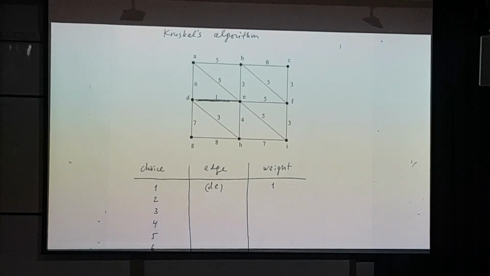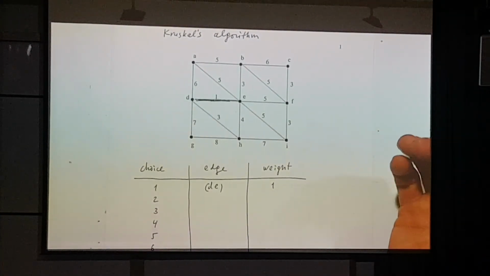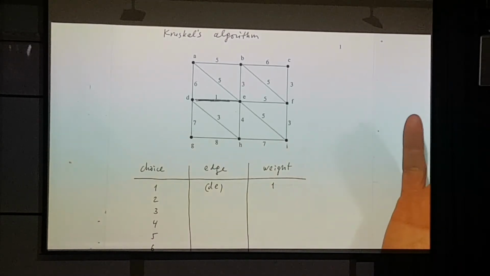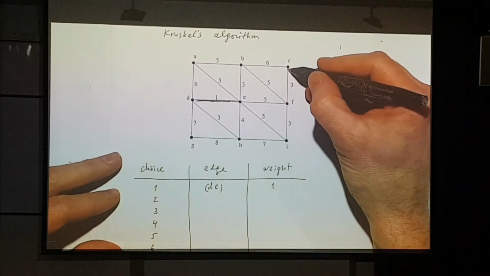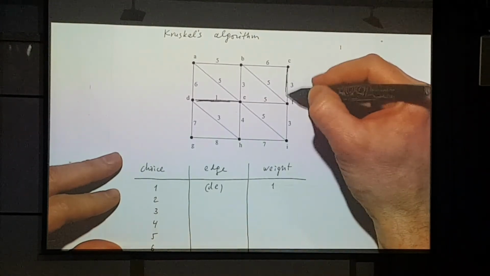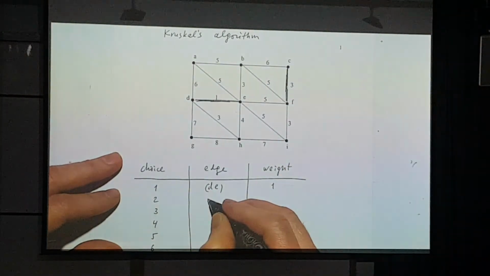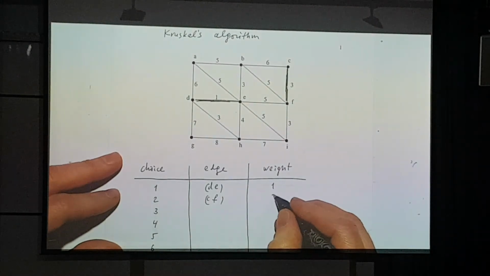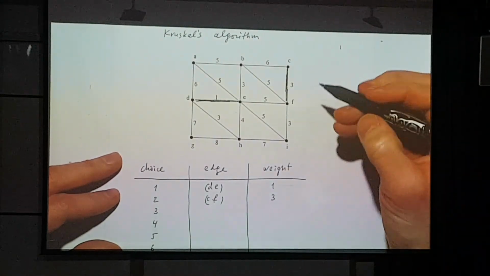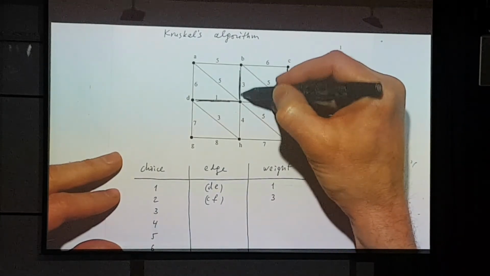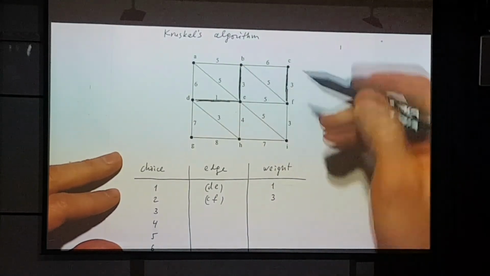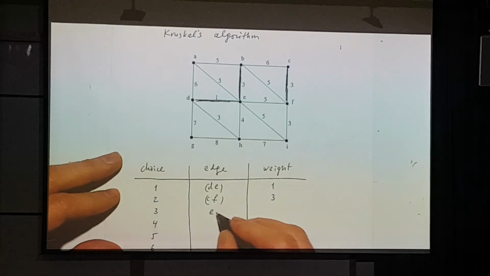Then the next smallest weight available is 3, and we can start picking weight 3 edges wherever they are in the graph. They don't have to be linked. For example, as my next choice I can pick CF, weight 3, and BE. As long as I'm not forming simple circuits, that's fine. Each choice is fine.